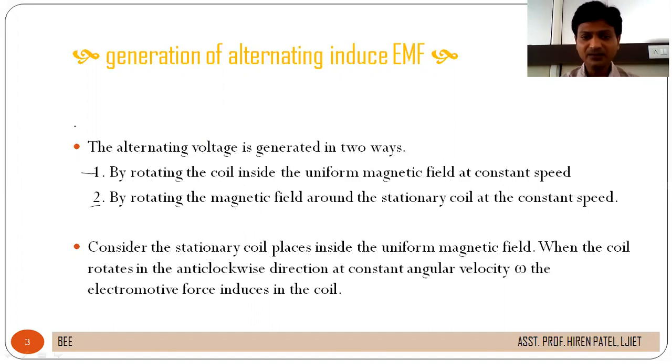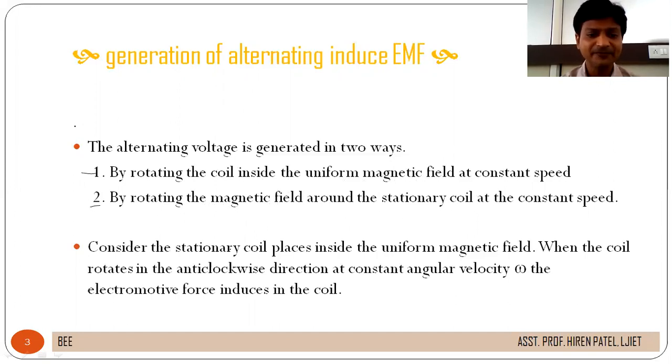So here are the two differences. In the first case, we rotate the coil, but the magnetic field is stationary. In the second case, we rotate the magnetic field, but the coil is stationary.